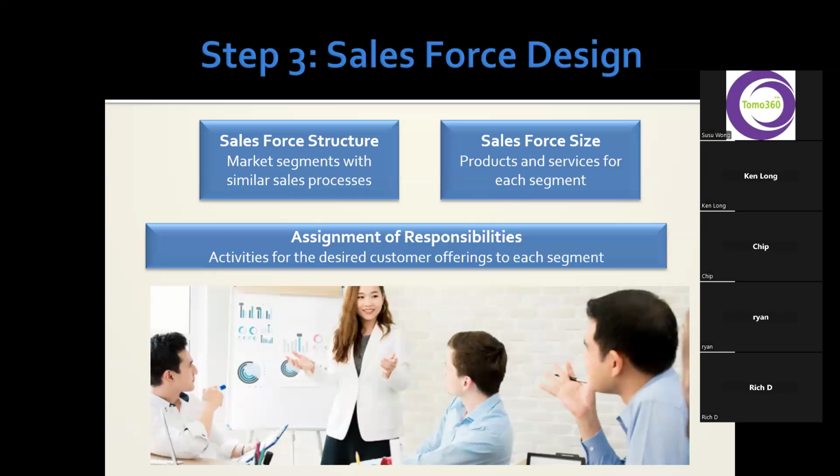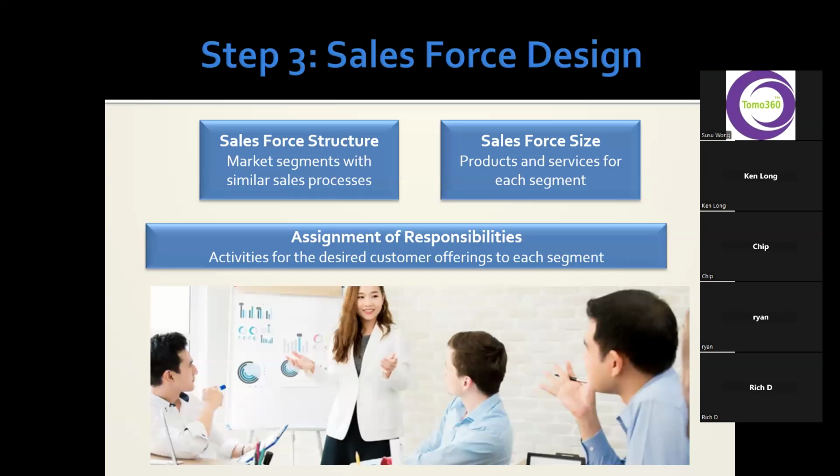And so, we are then making decisions based on inside sales and outside sales and how they're spending their time based on that. And then the size, how are you sized for the market?